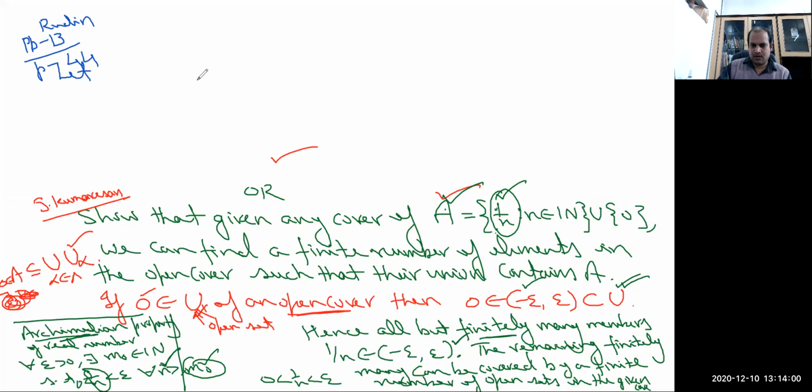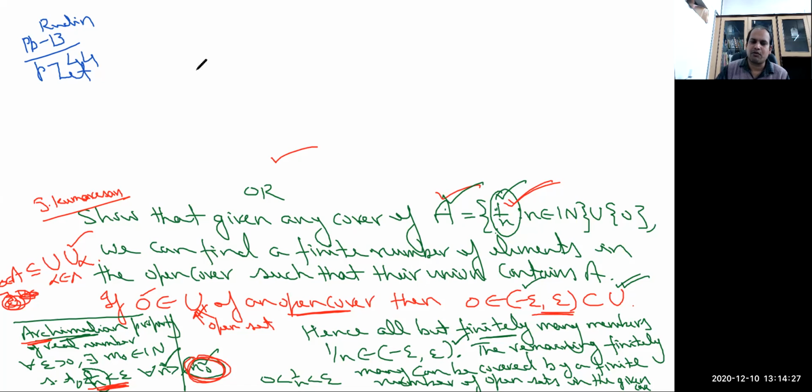Okay. So since this neighborhood U, from the Archimedean property of real numbers, this neighborhood which is a neighborhood of 0, is going to contain infinitely many members of the type 1 by n. Due to this, only at most m naught members can be outside this neighborhood.